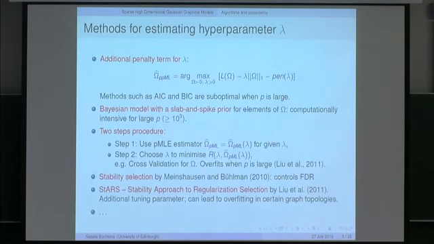At least when we started, about 2-3 years ago, these were the methods. I don't think they've changed very much. One is just to introduce an additional penalty for lambda, so for instance, the standard approach is the information criteria. Another one, the one I wanted to go ahead with, was a Bayesian model with a mixture on omega.